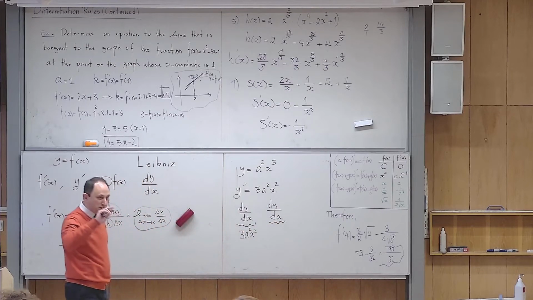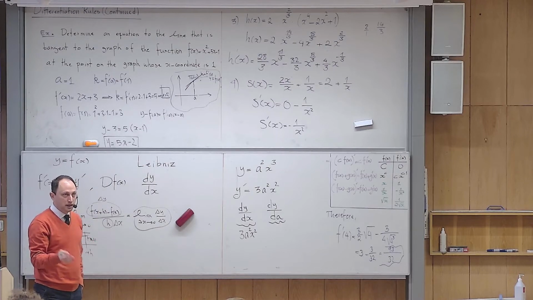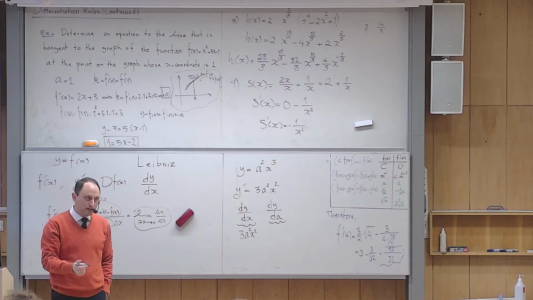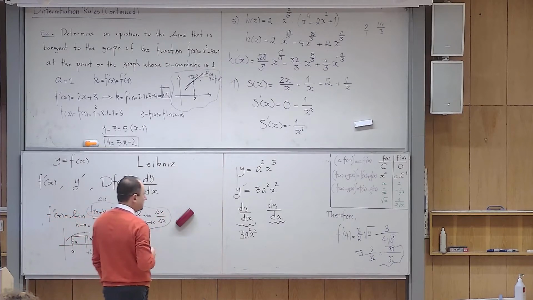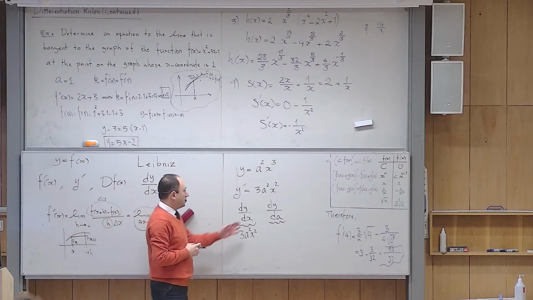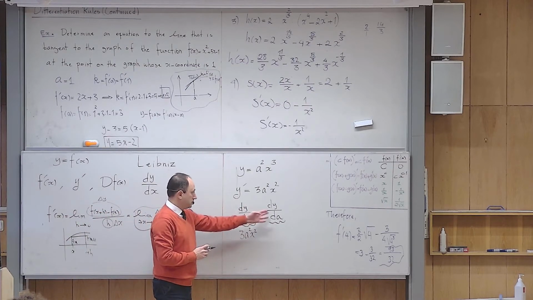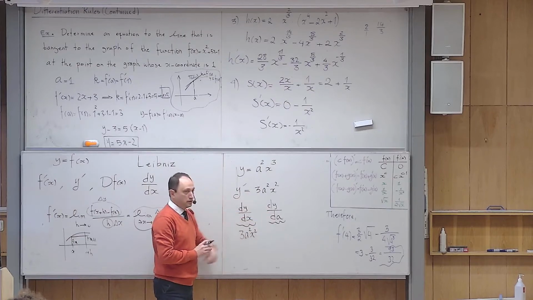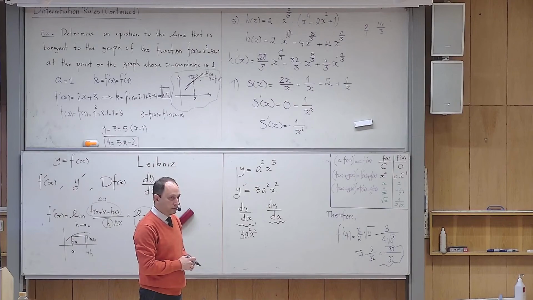It means that you need to change the role of the variable to a this time, and the other letter, which is x, should be considered constant. So what should I write? Can you tell me? I want you just to know about this symbol. Mainly I don't use it, but it is good to know about that. So what should I write for this one? Yes? 2x to the third a. Yes.